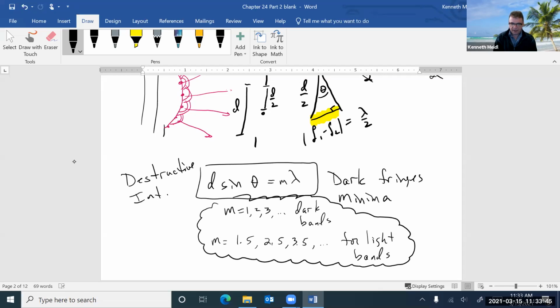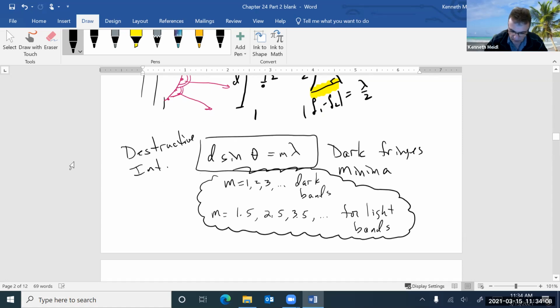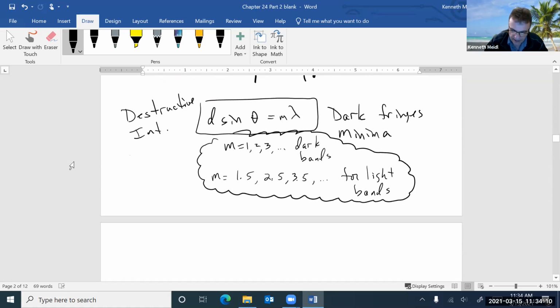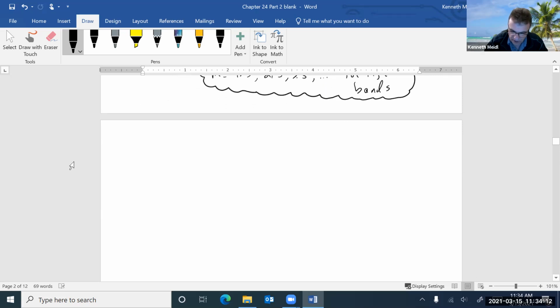And then when you get to the single opening, d sine theta starts giving you the dark spots. So it's the single slit that really has the condition that's different from the other two places we've looked at so far. But it's interesting that light will still create some sort of pattern just by going through a single opening. Huygens' principle does a nice job of helping us understand what's taking place.